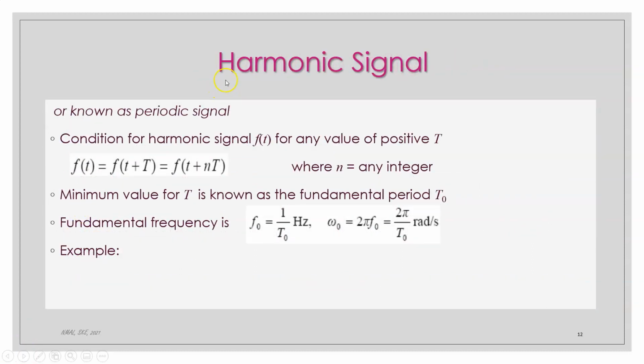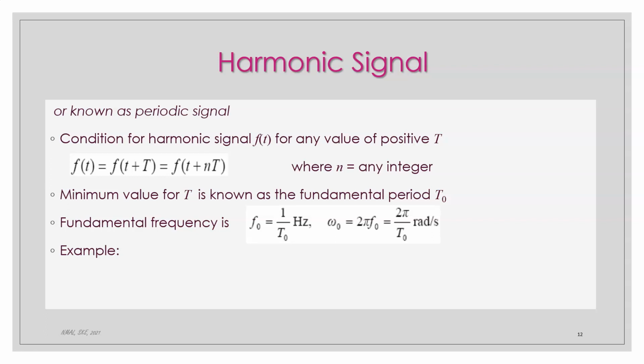The next one is harmonic signal. Harmonic signal is also known as periodic signal. Periodic means berkala in Malay. So another name for periodic is harmonic. So in the exam or test, when you are asked about harmonic signal, you need to know it means the same as periodic signal.